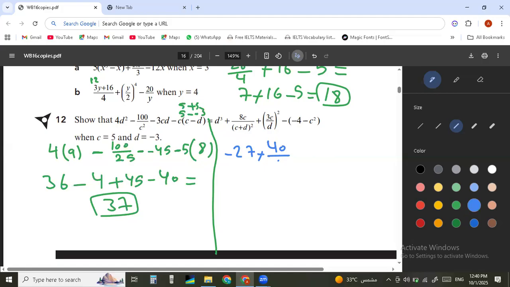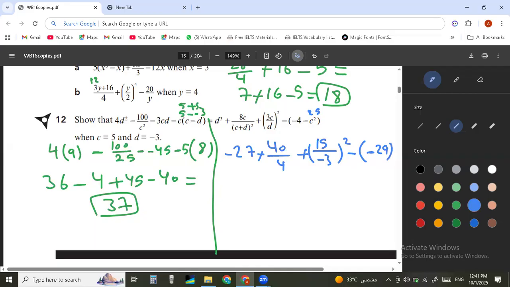But 2 squared is 4, plus 3c. When c is 5, 3 times 5 is 15, over d, which is -3, all squared, minus -4 minus c squared. C squared is going to become 25. So -4 minus 25 is -29.